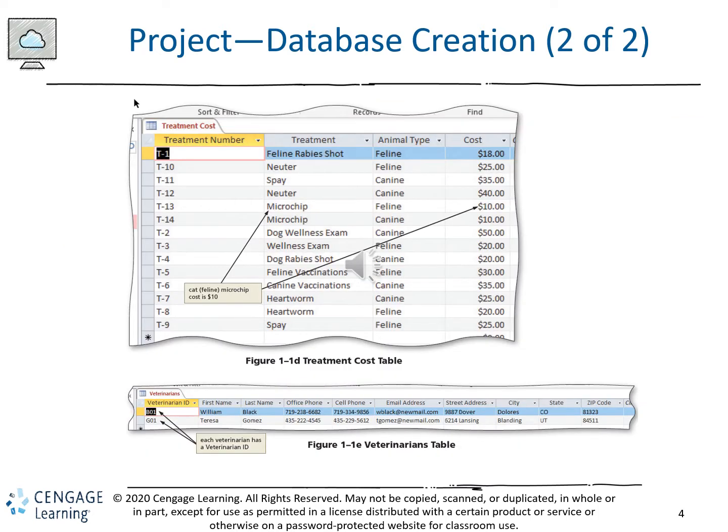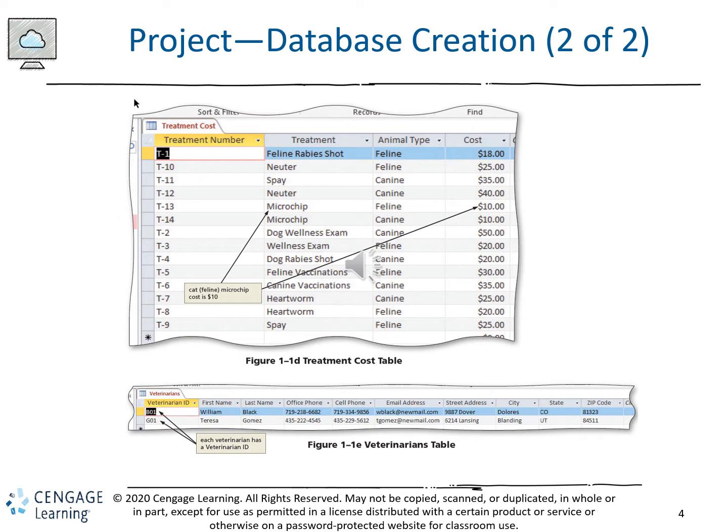The last 2 tables in this database are the treatment cost table, and this one contains the information about the cost of each treatment. And then there is the veterinarians table. So who are the veterinarians? This is a list of all the veterinarians in their practice.